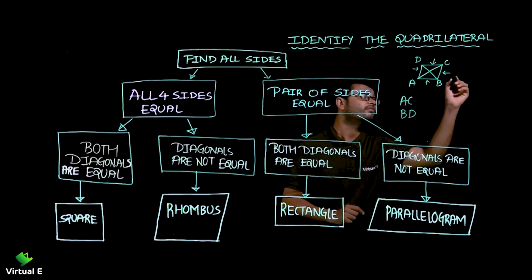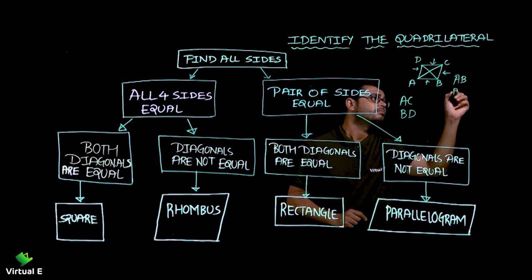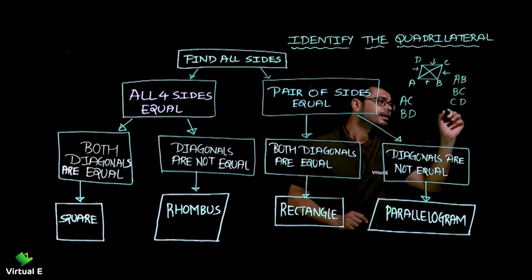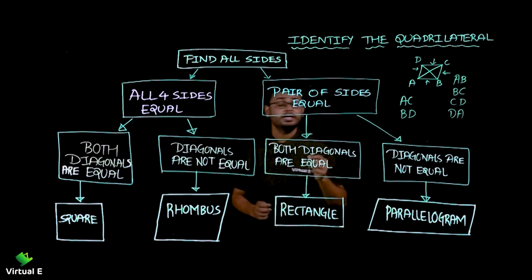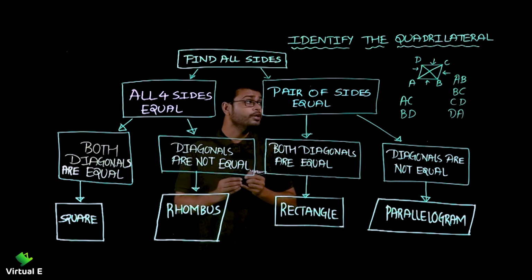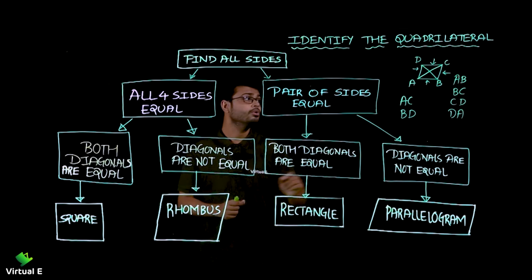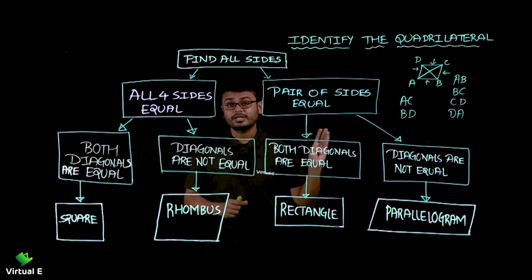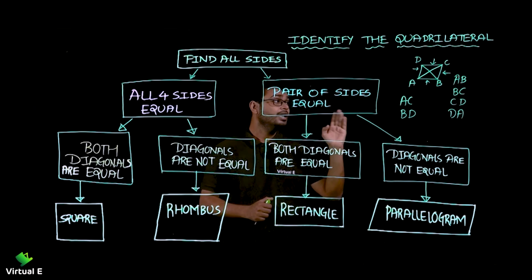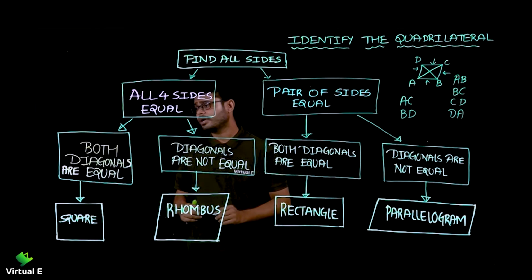Remember, so far we found AB, BC, CD and DA. So in this kind of question, you are going to find 6 different distances. Remember, you need to do all those distance calculations properly. Then you will be able to judge the quadrilateral.